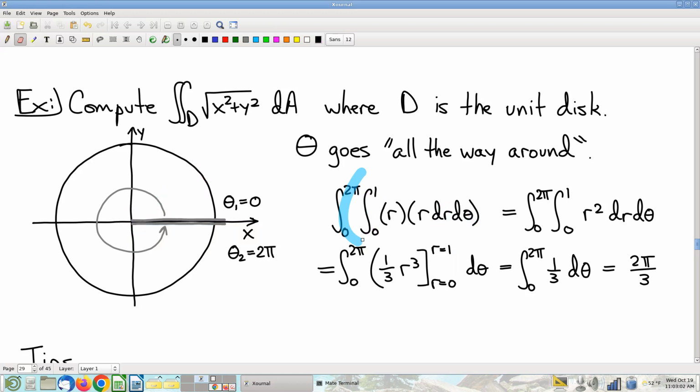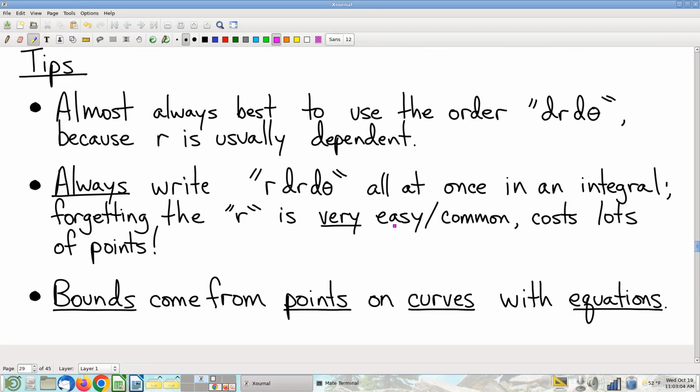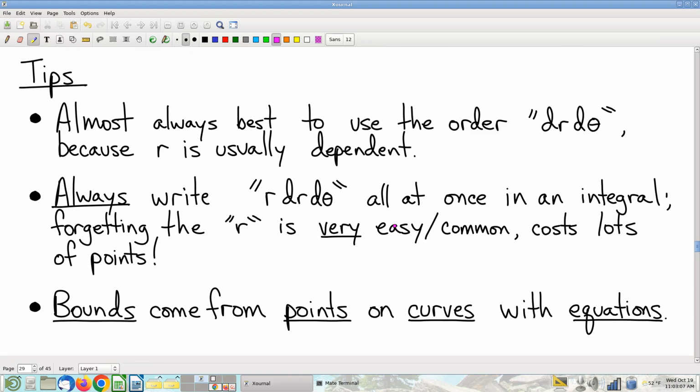Okay. All right. Couple of observations. Turns out it's almost always best to use this order: dr on the inside, d theta on the outside. Practically always. Not quite always. There are some weirdo examples, but they're pretty manufactured.